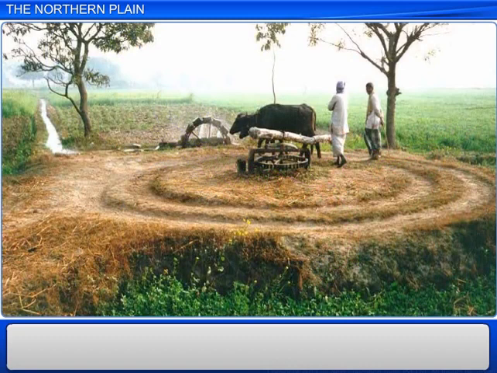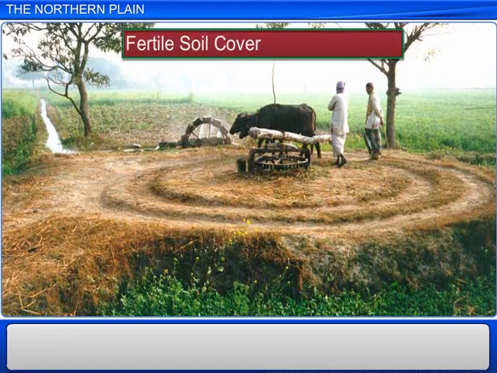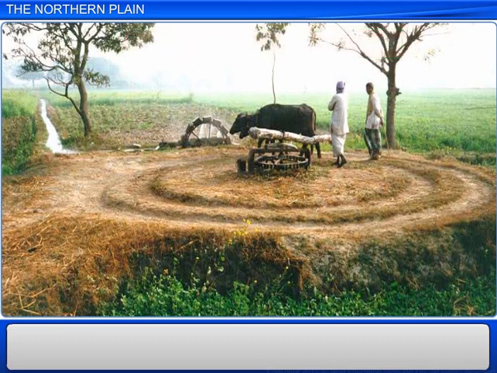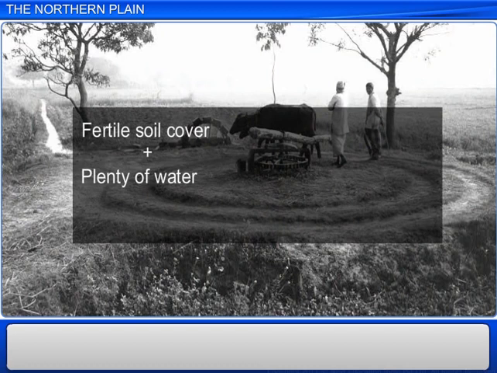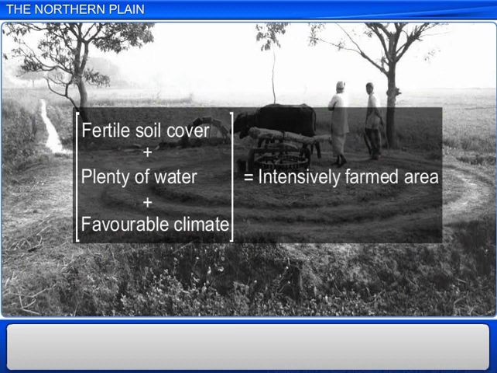As mentioned earlier, the soil cover in this plain is rich and fertile, and water is found in plenty. Combined with a favorable climate for growing several major crops, the northern plain is one of the world's most intensively farmed areas.